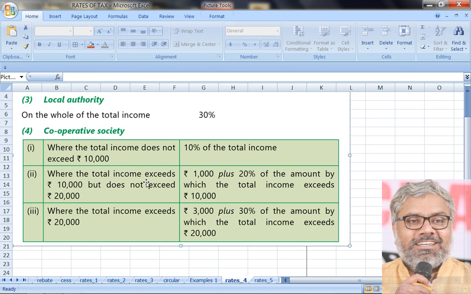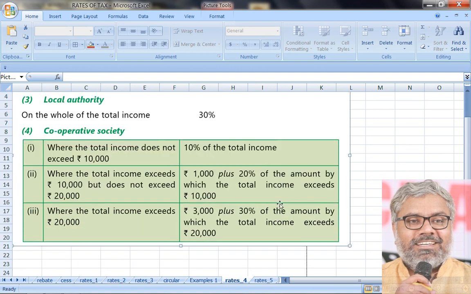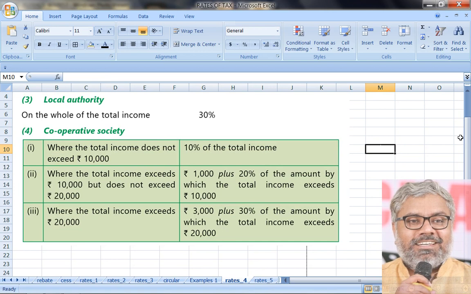Second slab is 10,000 to 20,000. Difference is 10,000, but tax rate is 20%. 20% on 10,000 is 2,000. Keep it aside. 2,000 plus 1,000, how much? 3,000. That 3,000 is what we are talking about here, plus 30% of the amount by which the total income exceeds this 20,000 rupees.